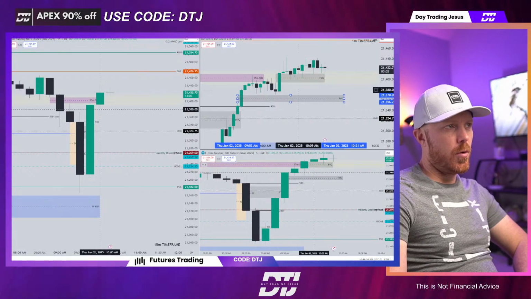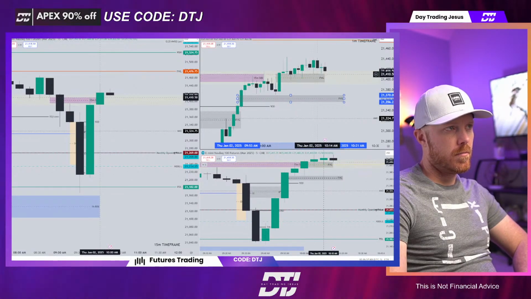It's giving us a little bit of low resistance liquidity here too, that it could just run.